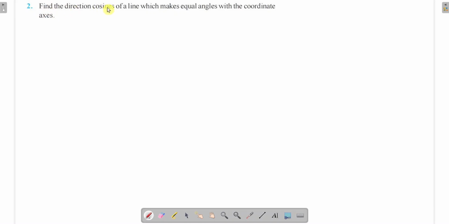Find the direction cosines of a line which makes equal angles with the coordinate axis. So we have to find the direction cosines of a line which is making equal angles with the x-axis, y-axis and z-axis. So let us solve this problem. Solution.